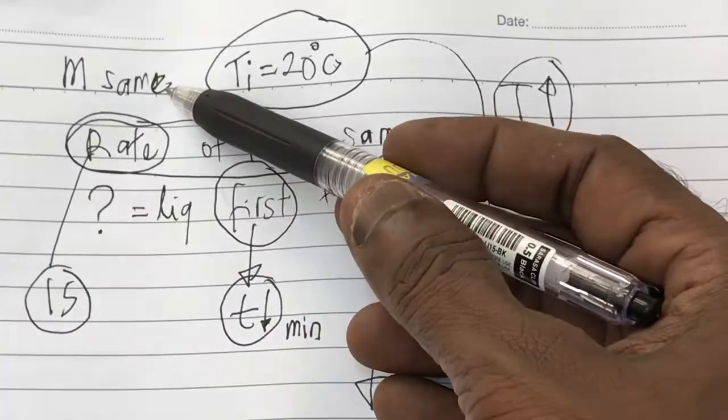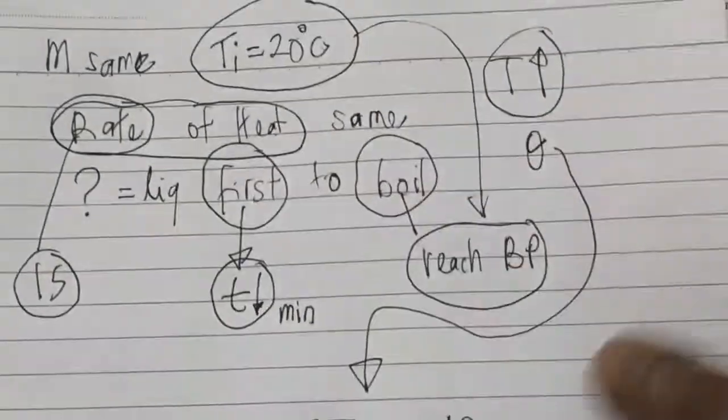This question is telling us all the liquids have the same mass and the same rate.